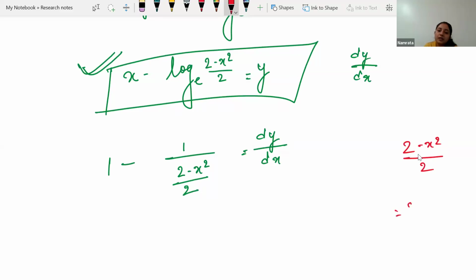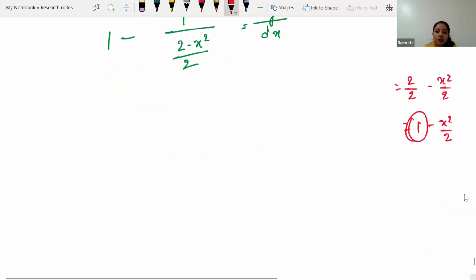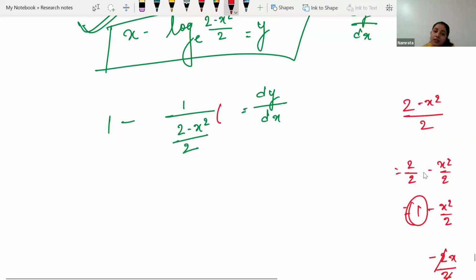If I am breaking it, it is just 2 by 2 minus x square by 2, that means 1 minus x square by 2. The derivative of 1 is 0, and the derivative of the other part is minus 2x by 2. So only minus x we are getting as a derivative. I am going to write it over here directly.